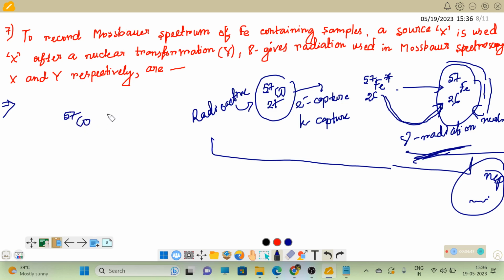After electron capturing, it is converting to the excited state of Fe. So that is X and that is Y.